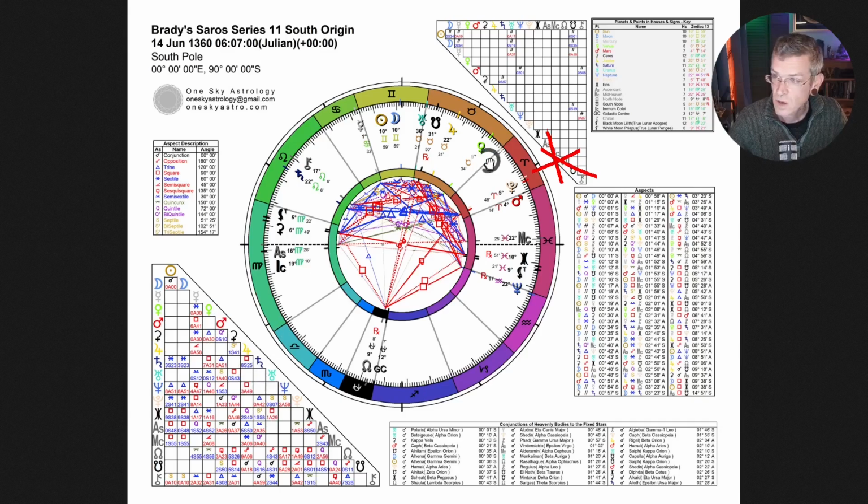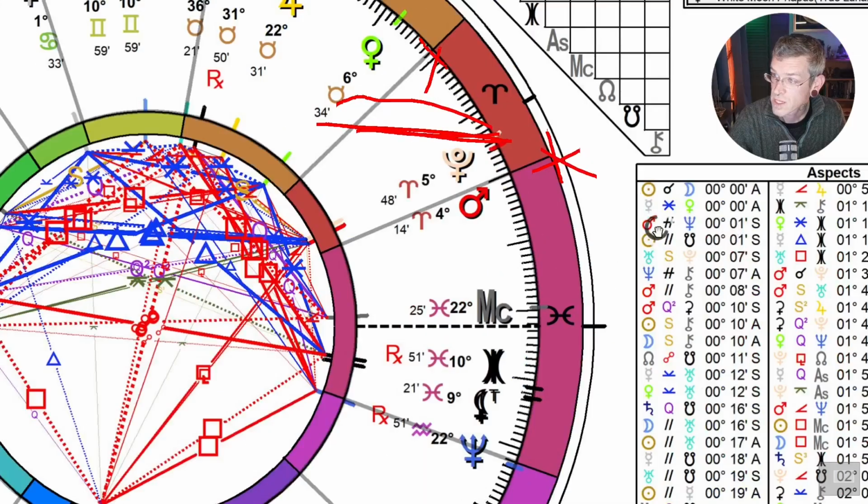Mercury and Venus also, if you'll remember, Uranus sitting on their midpoint was Brady's major observation. They sextile very precisely at 00.00. We can see here that that's an exact relationship.